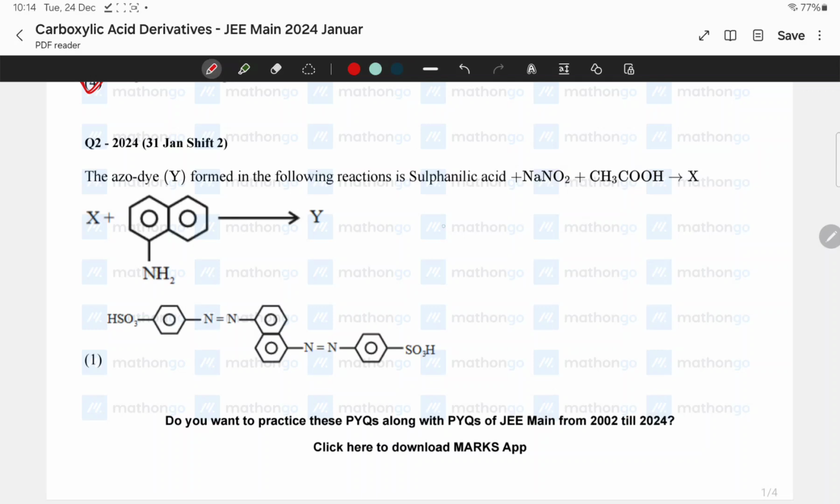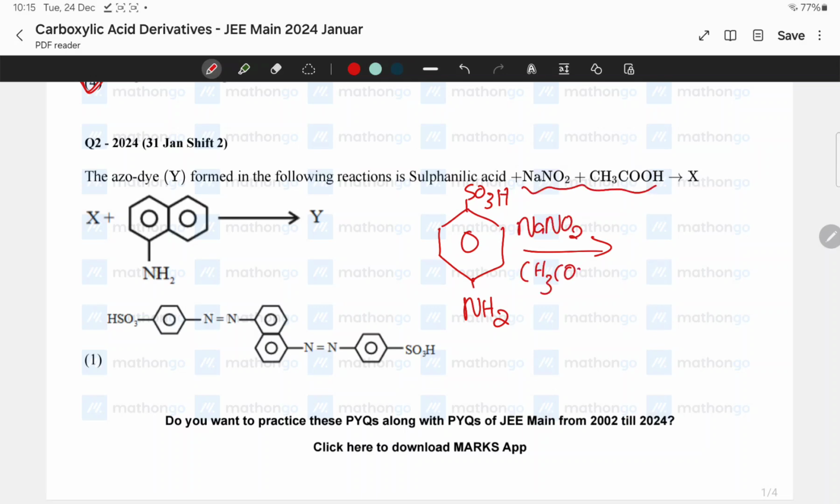Sulfanilic acid. So which is sulfanilic acid? I think this is sulfanilic acid, SO3H NH2. We react sulfanilic acid with the reagents NaNO2 and CH3COOH.